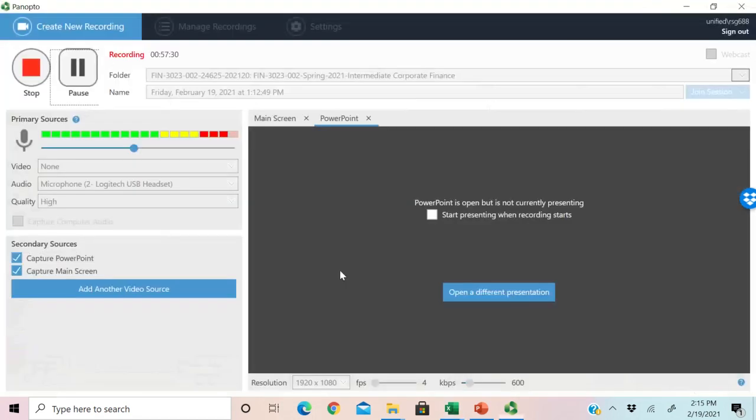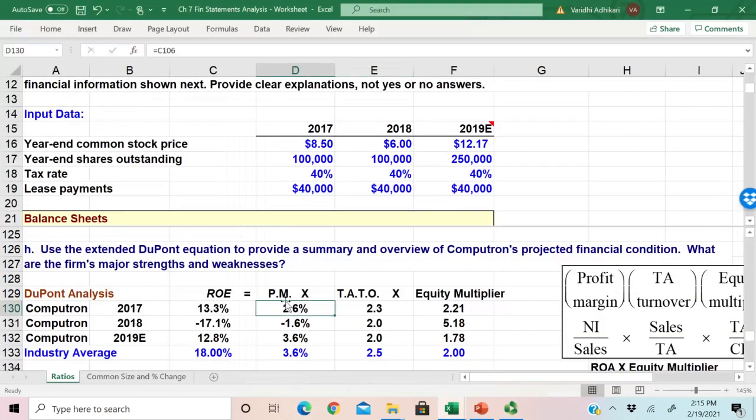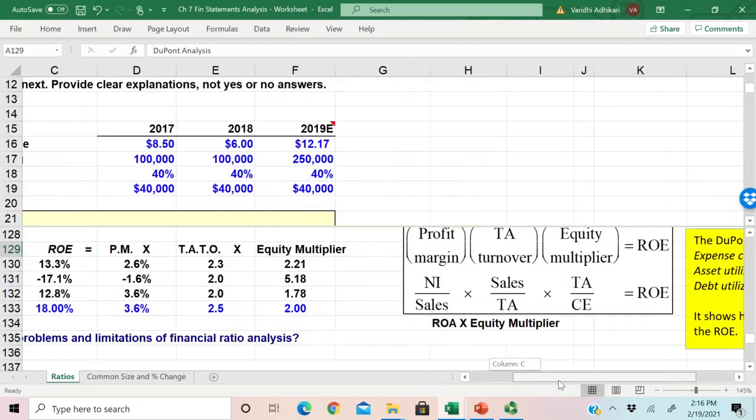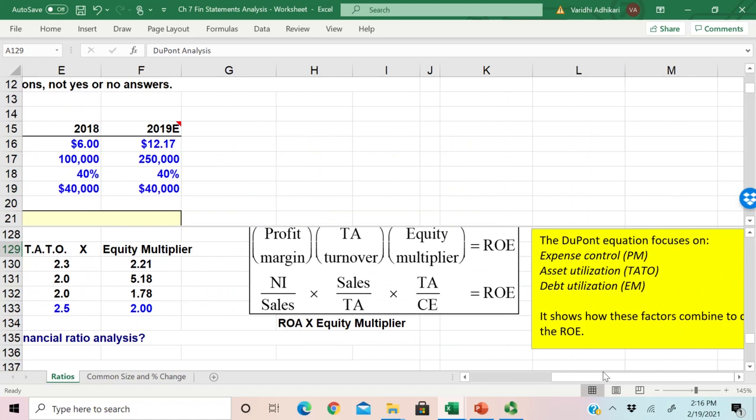The final set of ratios we're going to talk about is not a ratio, but an analysis related to the ratios, something called the DuPont analysis. The DuPont system of equations is very interesting because it puts together all the ratios of these companies to give you a better understanding of what this company needs to do to increase shareholders' wealth.